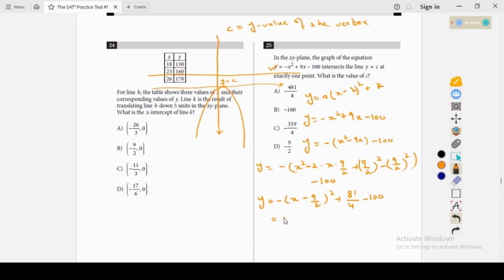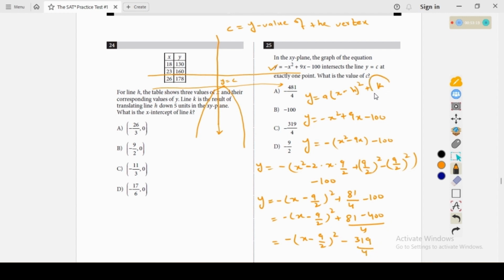So it becomes negative times (x minus 9/2) whole square plus 81 minus 400 by 4. By just subtracting and solving this, it becomes negative times (x minus 9/2) whole square minus 400 minus 81, it becomes 319 by 4.